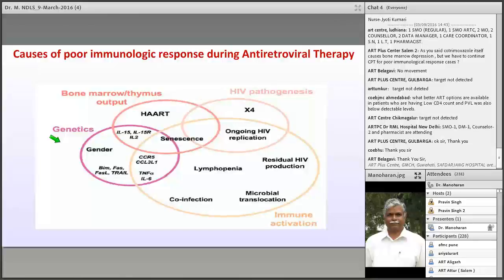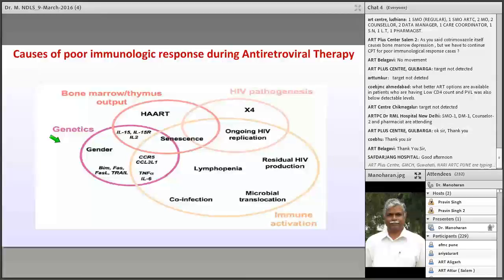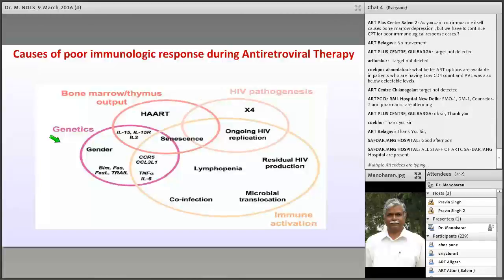What better ART options are available in patients who are having low CD4 count while the plasma viral load is also below detectable levels? This is from BJMC Ahmedabad. See, I told you in the national program we need to follow the national guidelines. I told you some of the antiretrovirals, for example AZT, may be responsible for poor immunological response.